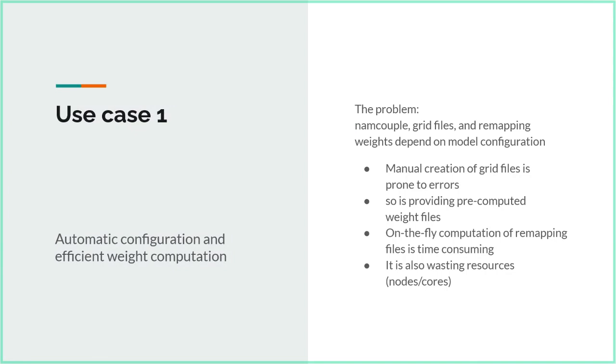One goes back to the actual title of the talk and to the workflow issue that we have. The problem, as we said in the beginning, is that everything is interlinked. If you change the NumCouple file, you will need to change the grids.nc and the remapping files. As explained, this is prone to errors if you don't have a very complex framework around it.